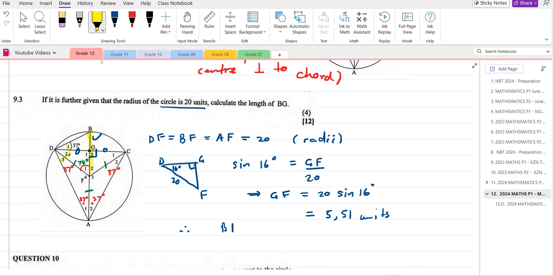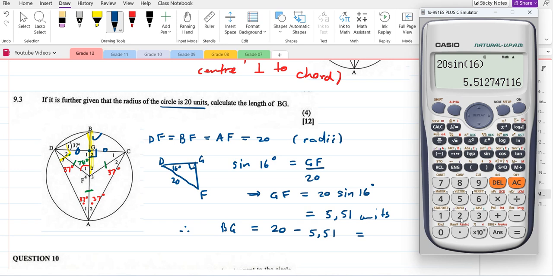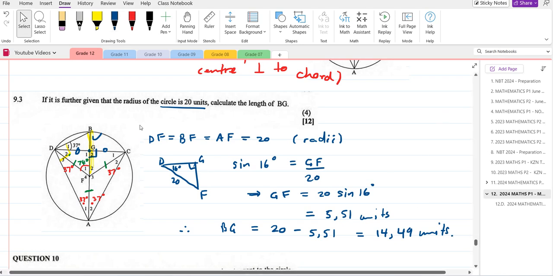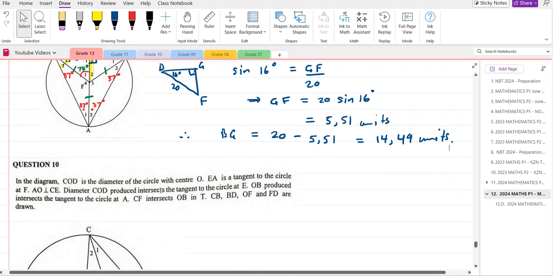So what we can say now is that BG is equal to 20 minus GF, which is 5.51, and that's going to give me 14.49 units. I hope you guys understood that. Right, so wasn't so bad so far. I hope you guys are enjoying this lesson and these problem walkthroughs.